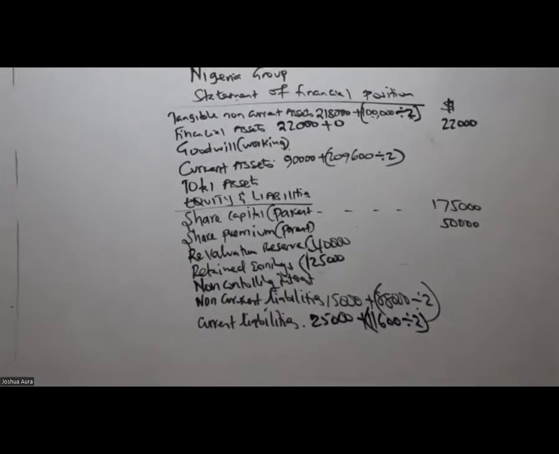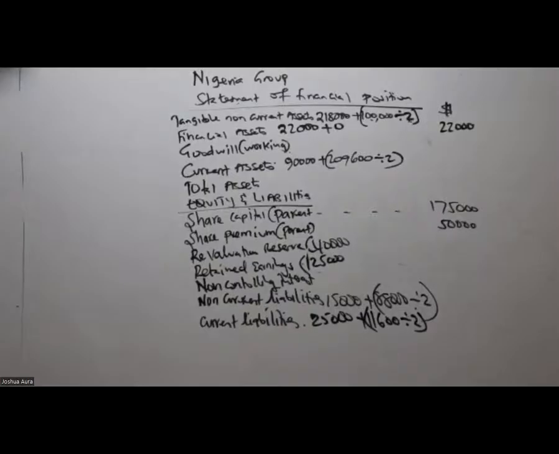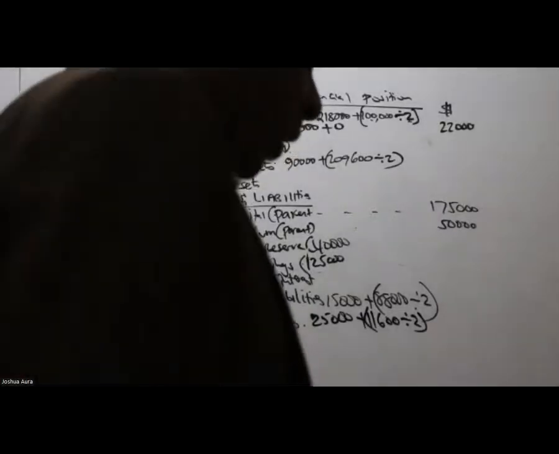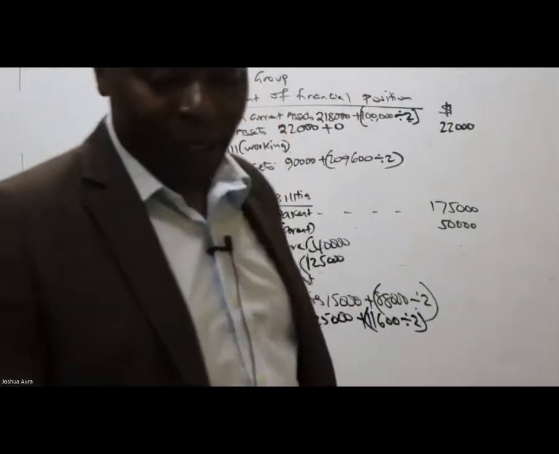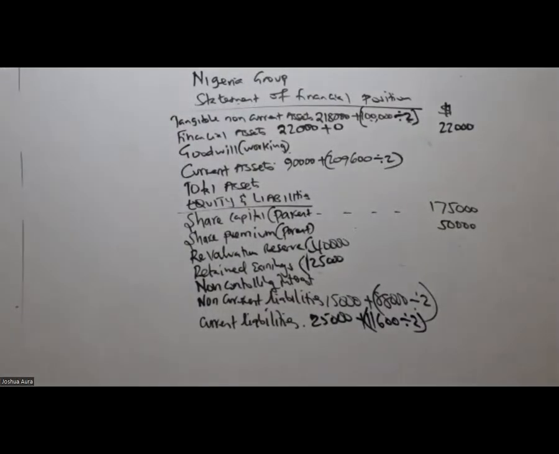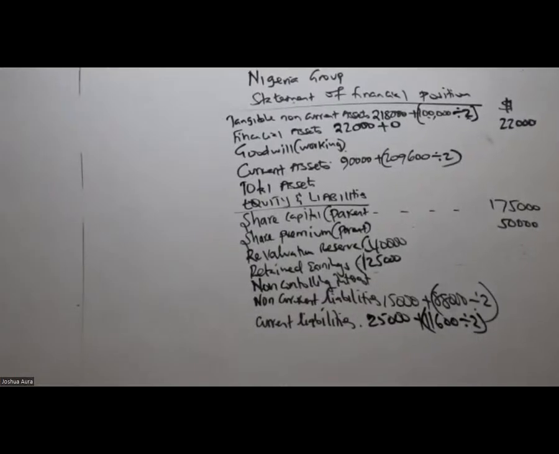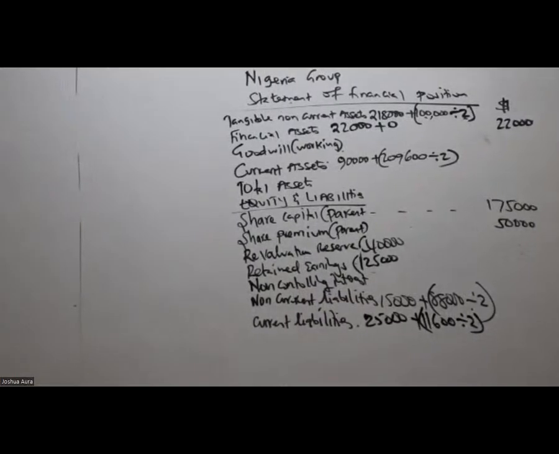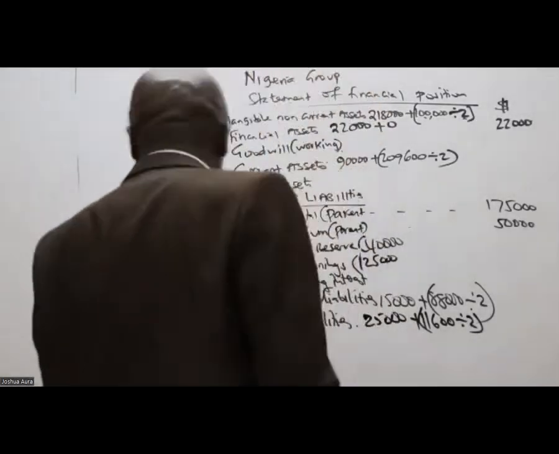These subsidiaries that we are acquiring, are the net assets good enough? So I would want to start with the net assets of the subsidiary. So please go ahead and give me the net assets of the subsidiary.